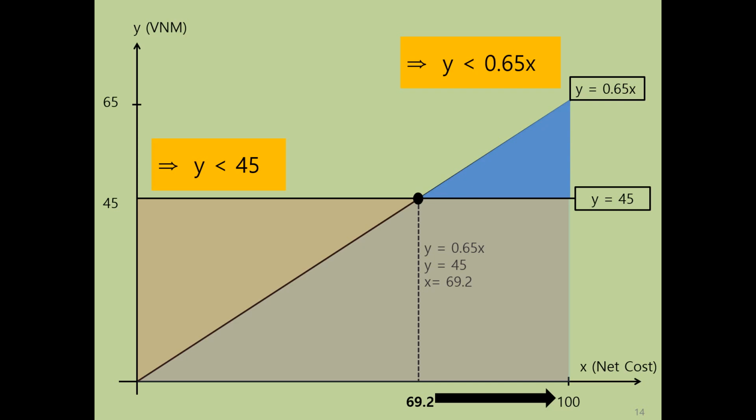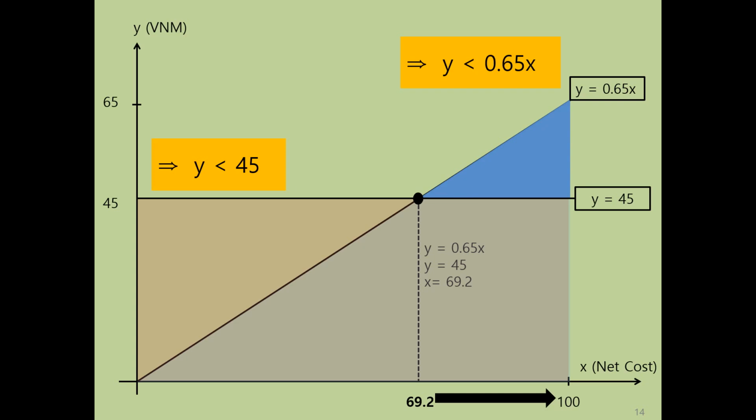As you know, X is net cost and net cost is manufacturing cost in practice. In other words, if the portion of manufacturing cost accounts for more than 69.2%, the area of net cost becomes bigger than that of the build-up method. Do you remember what the area means?